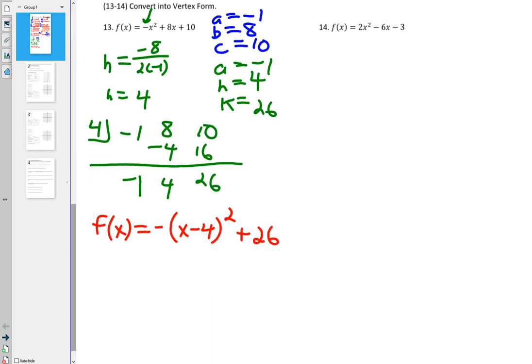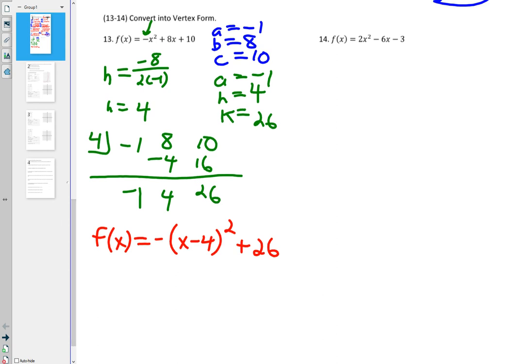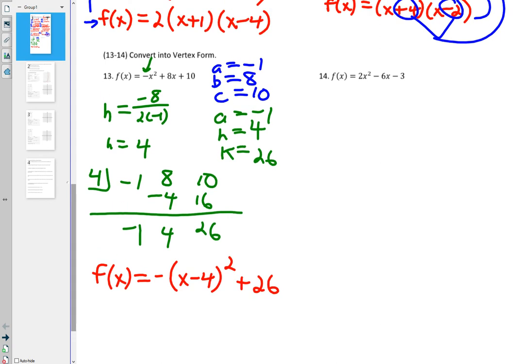See if you can do 14 for me. You got it on number 14 already? You're stuck like Chuck. Well, let's see if somebody else can get it.